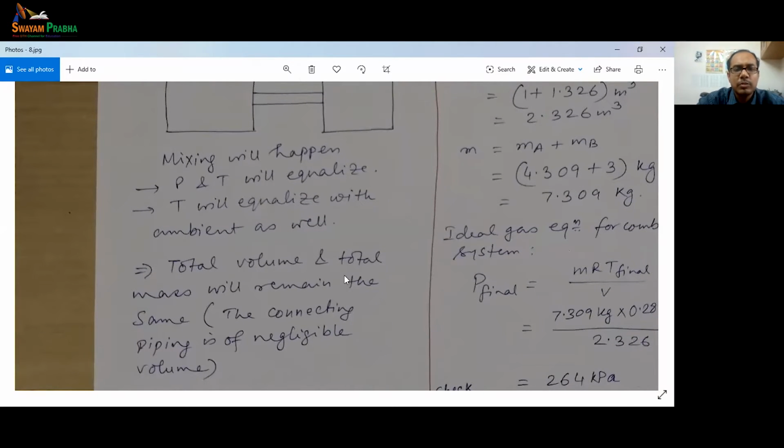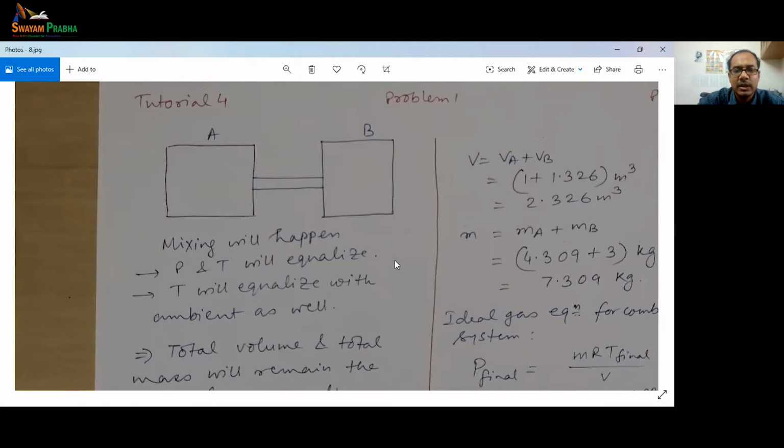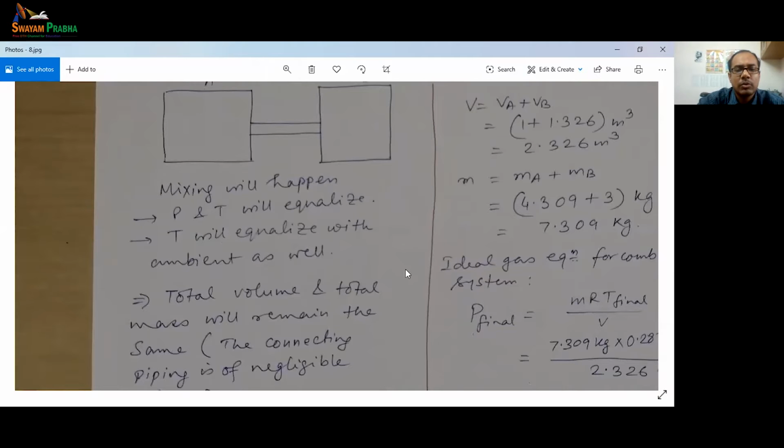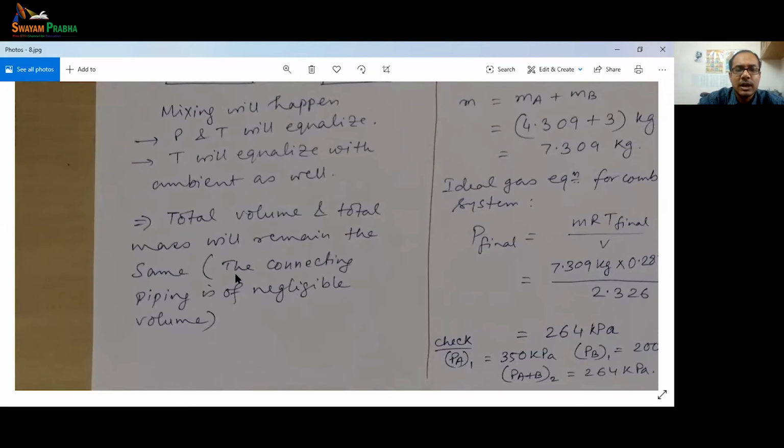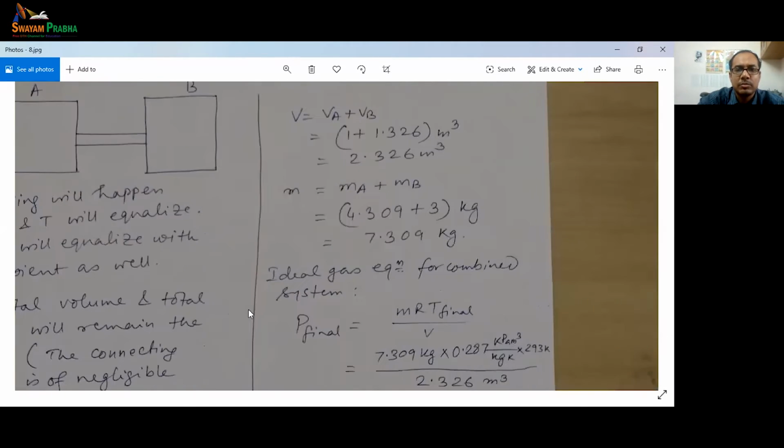Now the total volume and total mass will remain the same, right? Because overall it's a rigid tank, nothing is going in or coming out. So the total volume and total mass will remain the same. We are only assuming that the connecting piping is negligible in volume. So basically these two tanks are so huge that this piping will not contribute much.